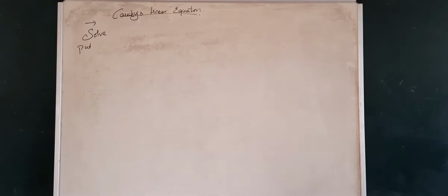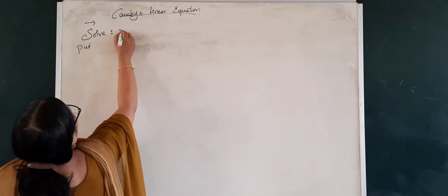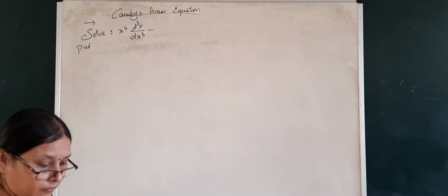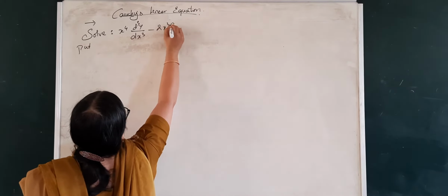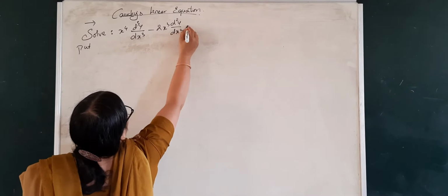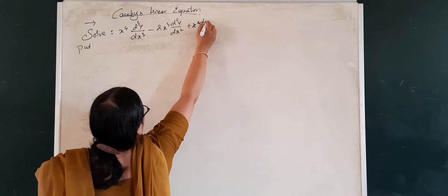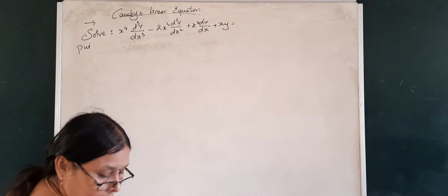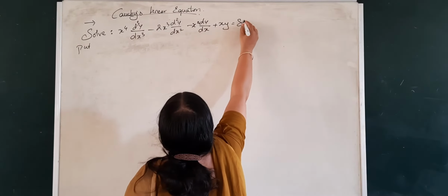Let us solve a couple more problems on the Cauchy's linear differential equation only. We'll see. The next question goes like this: solve x raised to 4 d cube y by dx cube plus 2x cube d square y by dx square plus x square dy by dx plus xy is equal to negative sin of log x.